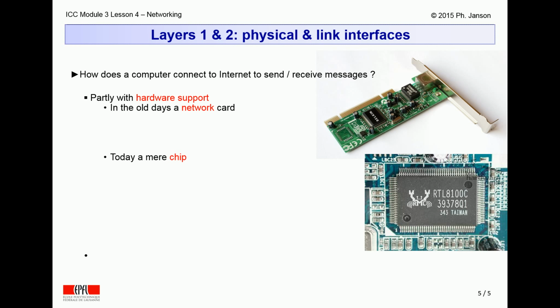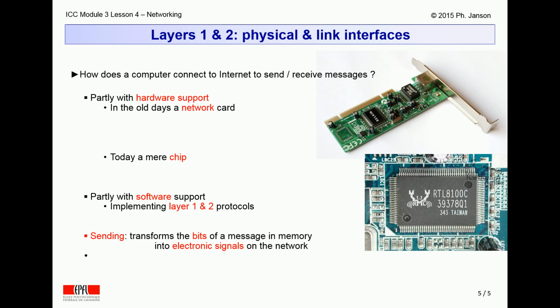Today, all of that circuitry can be crammed into a single chip. This card, or today this chip, is full of software that is actually implementing the layer 1 and 2 protocols. That is the physical layer and link layer protocols.